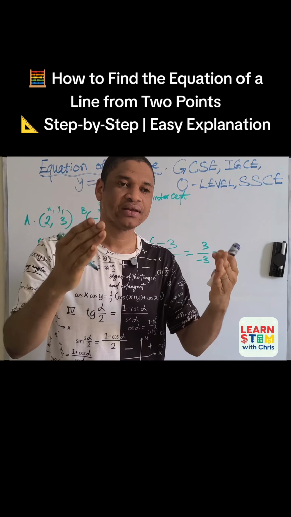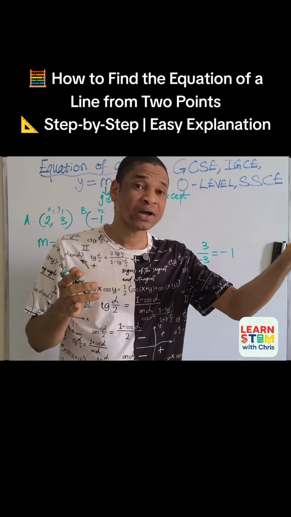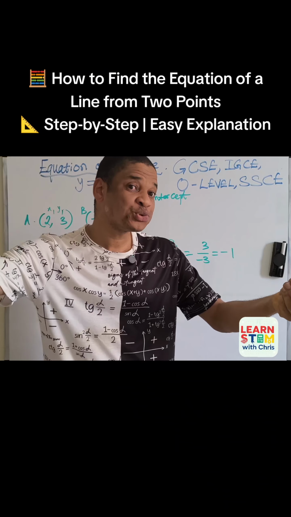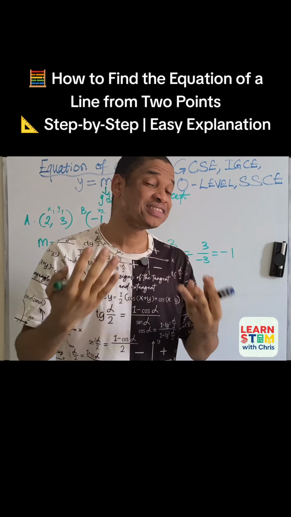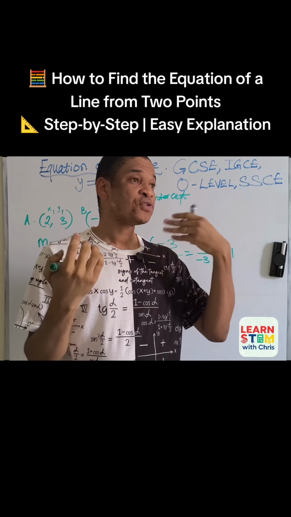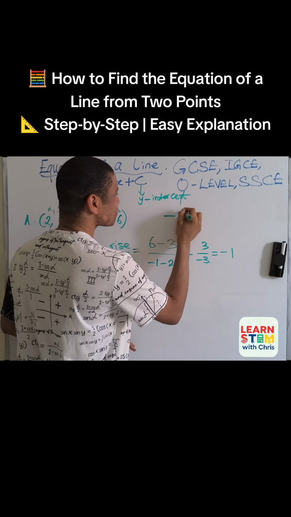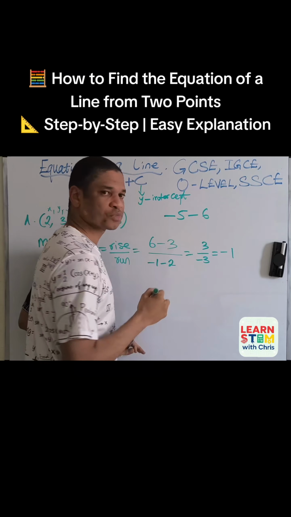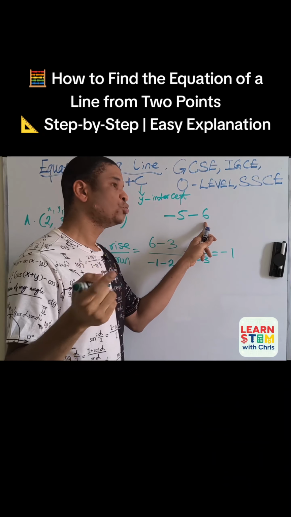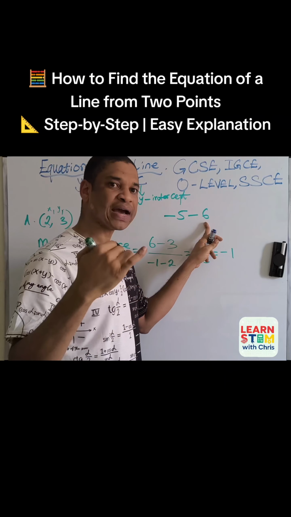I always tell my friends and my students, you're owing $1 and you took another $2, so you're owing $3. That's how I explain it. If you're owing, for example, -5 and -6, you're owing $5 and you borrow more, so whenever you borrow or you're owing, it's a minus.